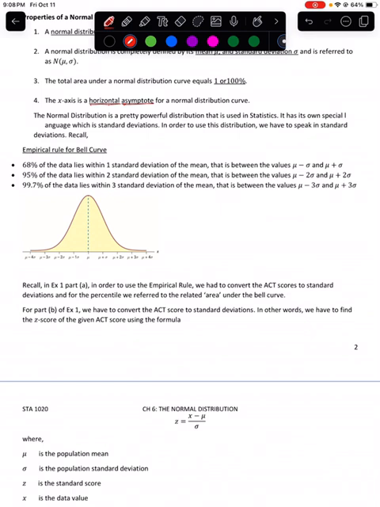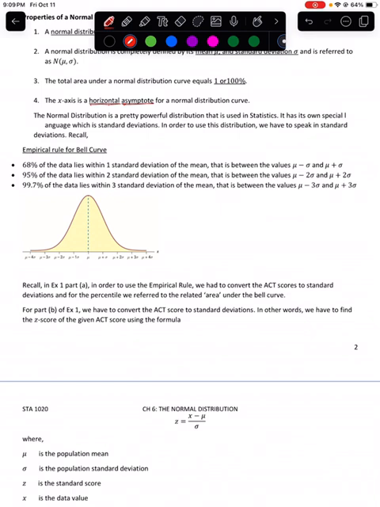So if your value is some multiple of the standard deviation of the quantity, only then can the normal distribution help you. If you recall, that's how we were doing it in the empirical rules.